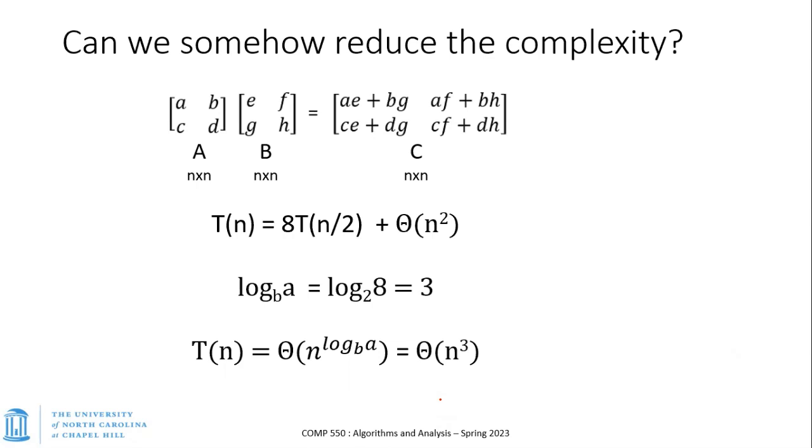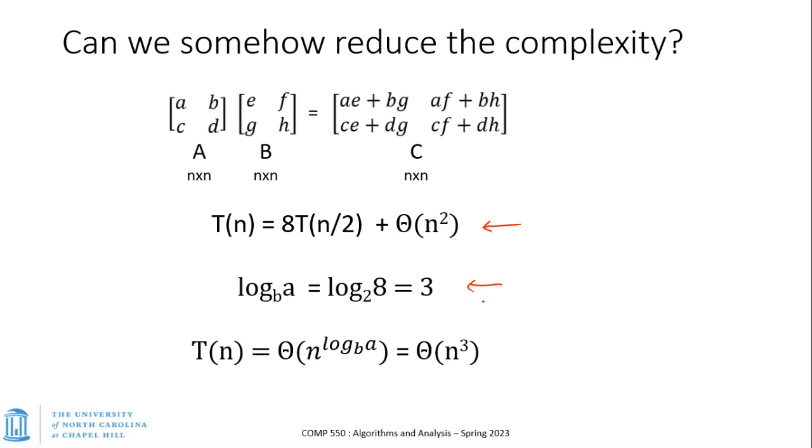So this gives us a way of thinking about the problem. I've been able to use the divide and conquer approach, and now all I need to do is what? If I want to get a lower complexity than n cubed, then looking at this recurrence relation, how could we reduce the complexity?